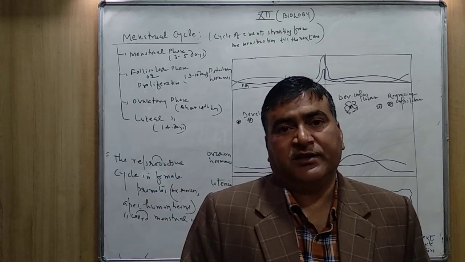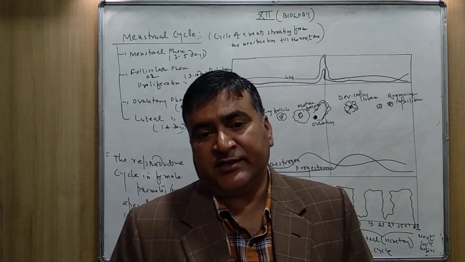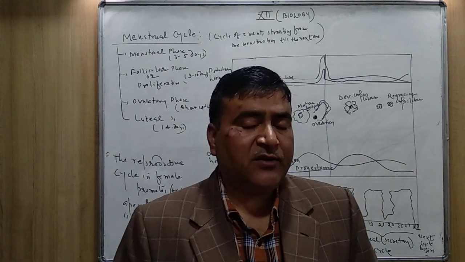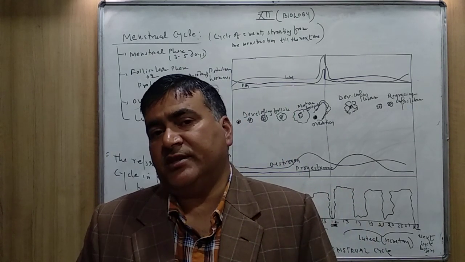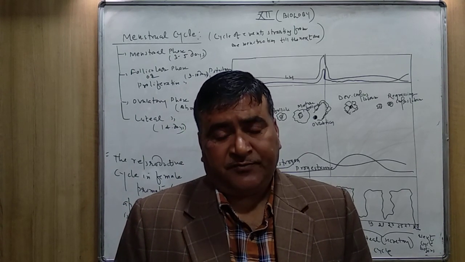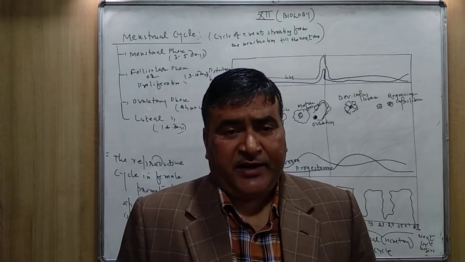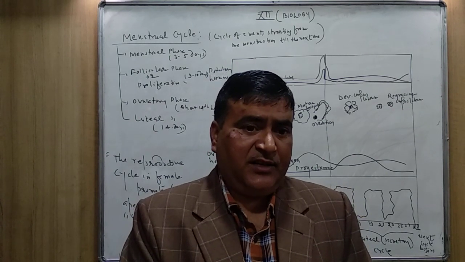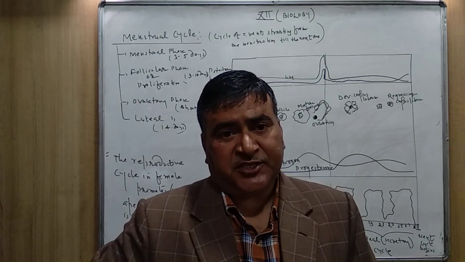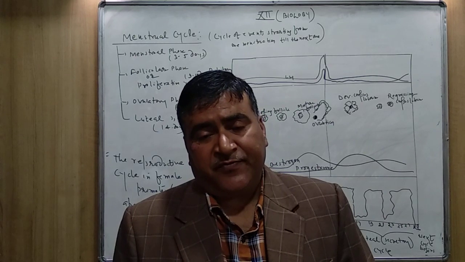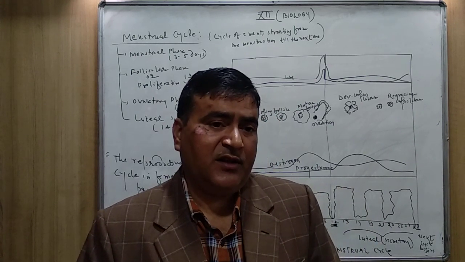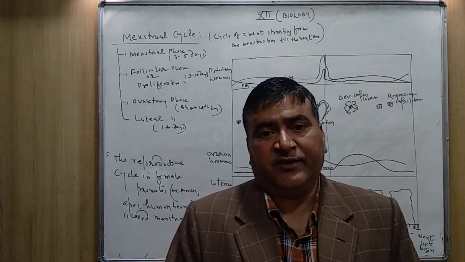After menopause, a female can't bear offspring. So a female is fertile from menarche up to menopause, from 12 to 13 years of age till 50 to 55 years. It varies from female to female, but hardly goes beyond 50 to 55 years.